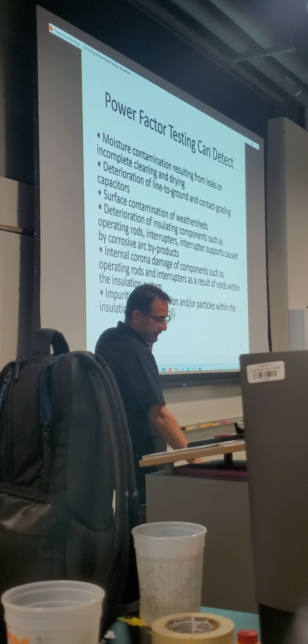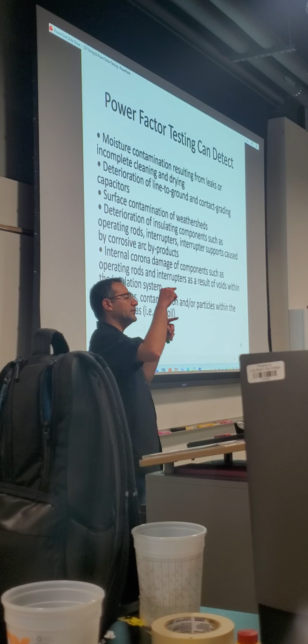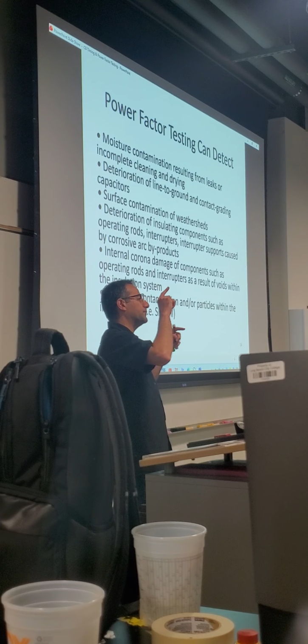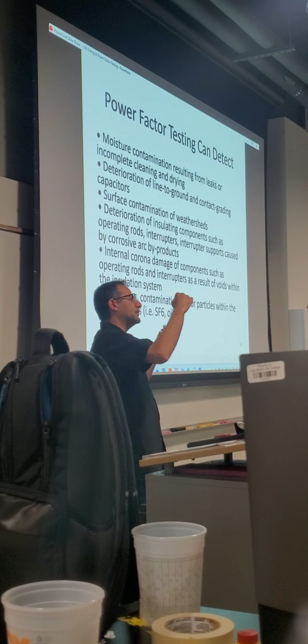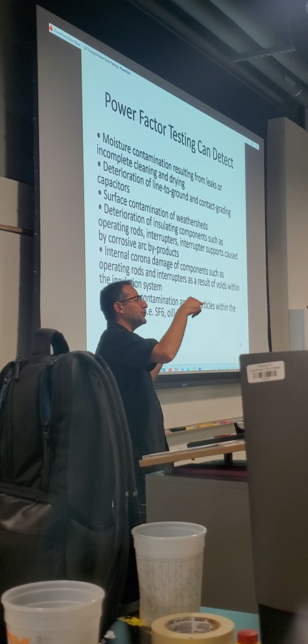Power factor testing can detect moisture contamination, deterioration, surface contamination, and we said leakage current is gonna be through arcing, but surface leakage current is gonna be through dust and dirt. So if your equipment is dirty, it's gonna impact the results.